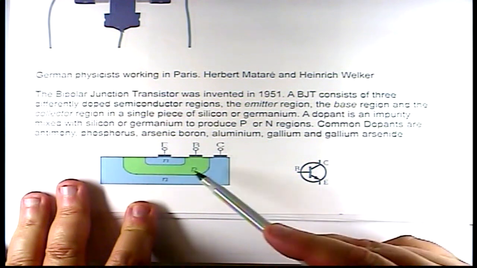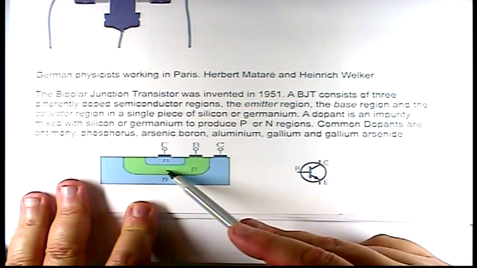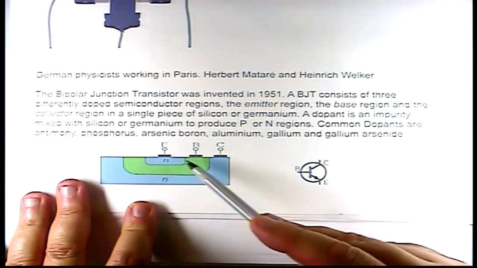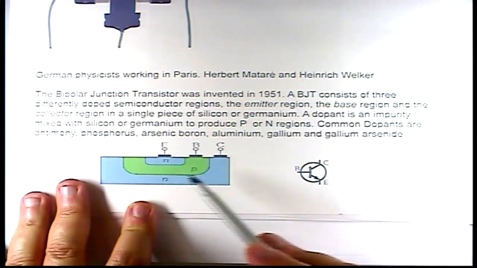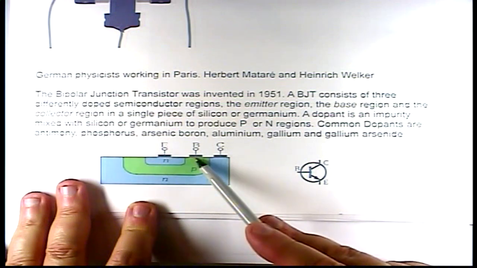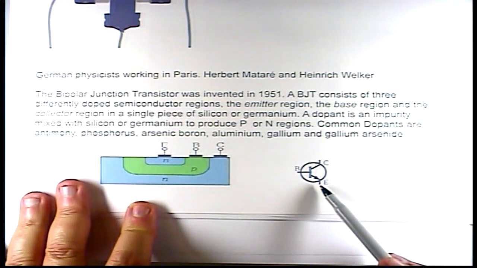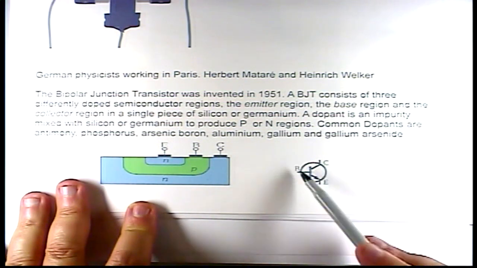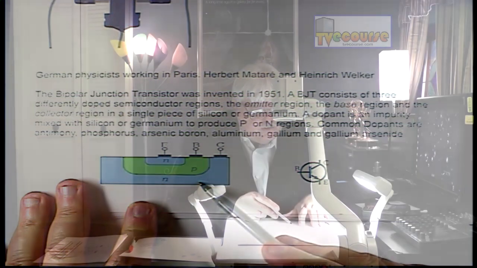So whatever they doped it with, it made these three layers. And so now it's one piece of material with three layers. And you have the emitter, the base, and the collector, with wiring connected to these three areas. And this is another symbol for a transistor. So this is the type of transistor that we have today.